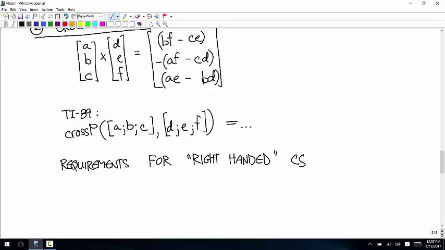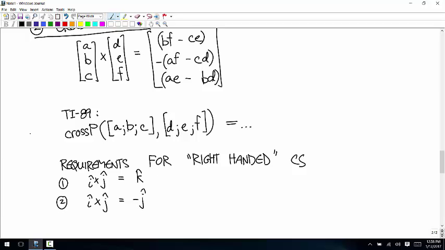And the requirements for a right-handed coordinate system, an acceptable coordinate system, come from the cross product. The requirements are that if you take the cross product between the x-axis and the y-axis, you get the z-axis. Take the cross product of the i-axis, the x-axis, and the z-axis, you get the negative j-axis.